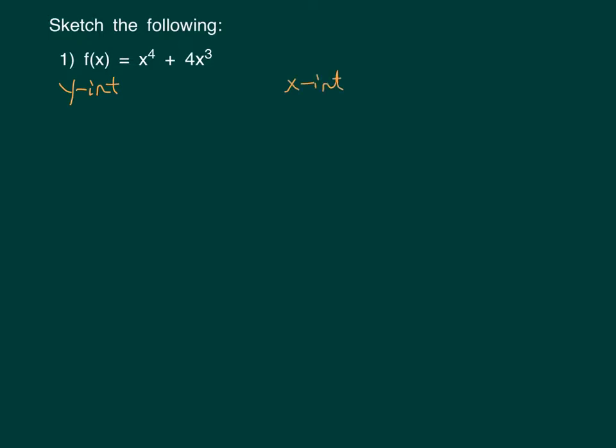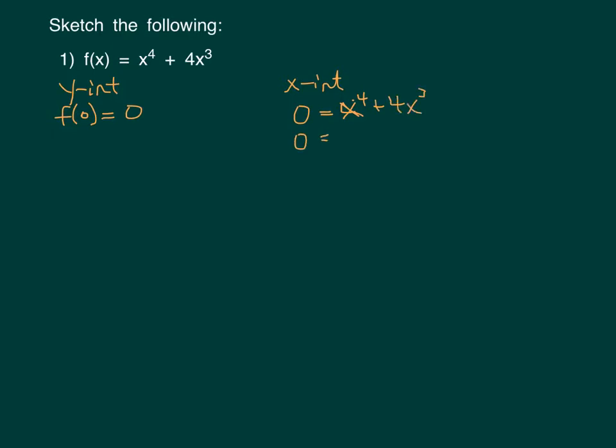Remember, the y-intercept is when you set x equal to 0. For f of 0, you can tell right away: if you plug a 0 in, you get 0 to the 4th plus 4 times 0 cubed, which is 0. So we now know that we have a y-intercept of 0. For our x-intercept, we're going to make y equal to 0 and solve this function.